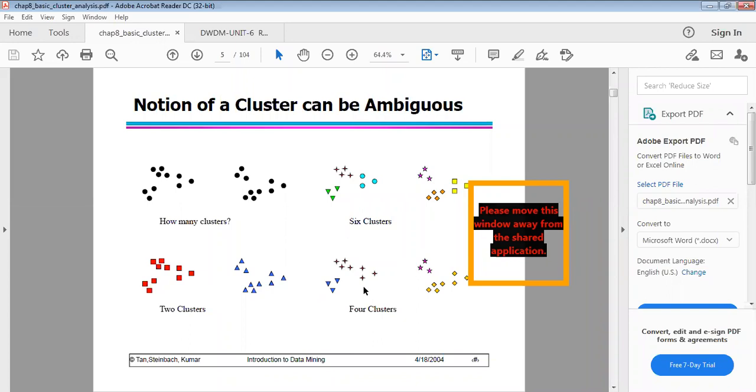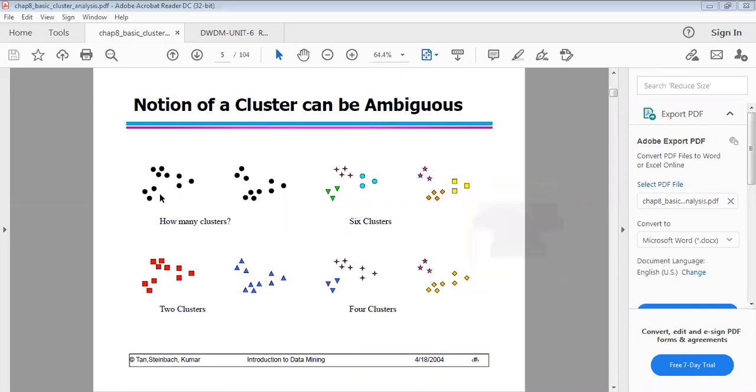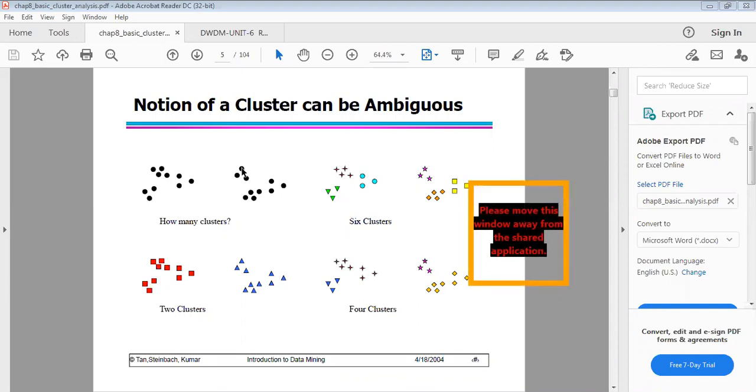Here you have to convert them into four clusters. How can we convert into four clusters? First, these 3 points we represent as one cluster, and these points as another cluster, and these 3 points as one cluster.